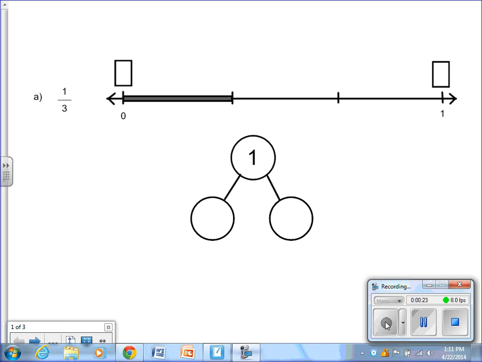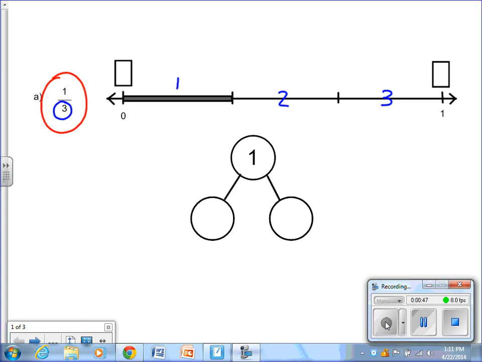For A, this is the fraction that they want labeled on the number line. If I take a look at that fraction, what is my unit? My unit is thirds, which means that there are 3 equal parts in my whole, so I'm going to cut up my number line into 3 equal parts, which we see here with 1, 2, 3 equal parts.